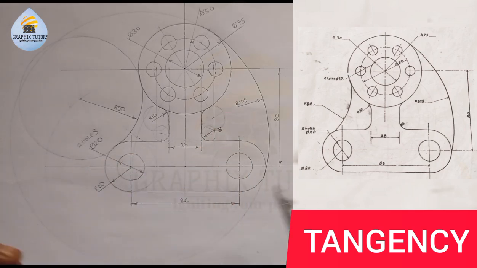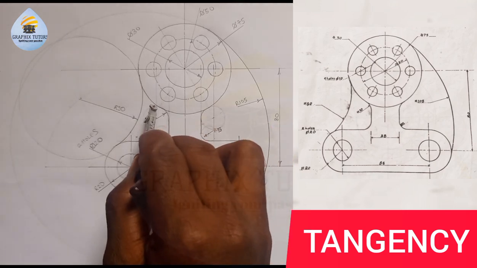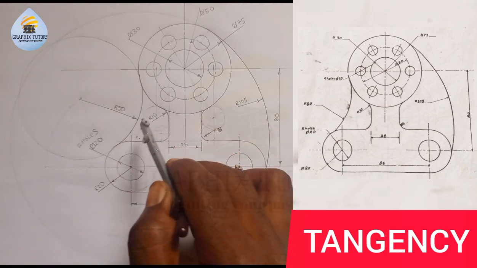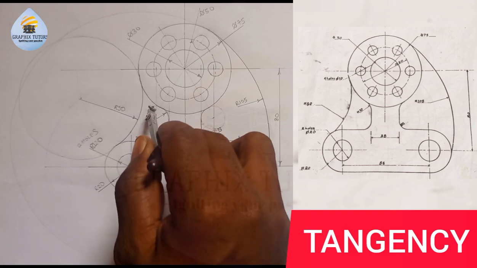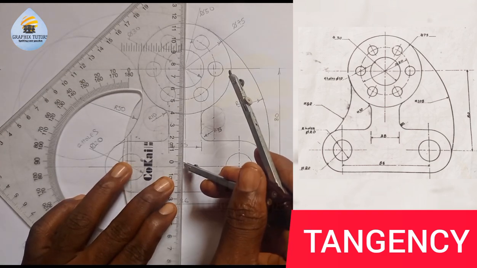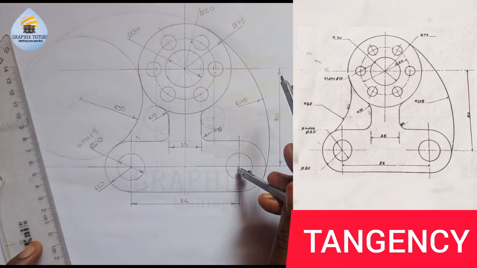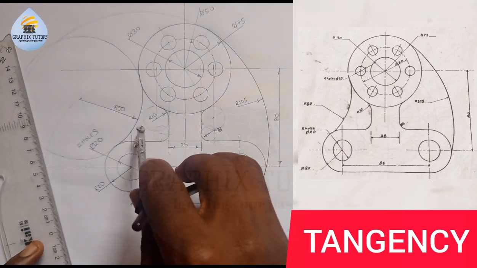You will now place your compass at the center of that circle and measure 85 on your meter rule. So from here to here is 85, and you strike an arc.